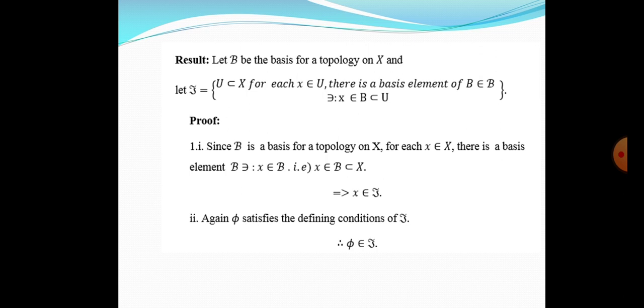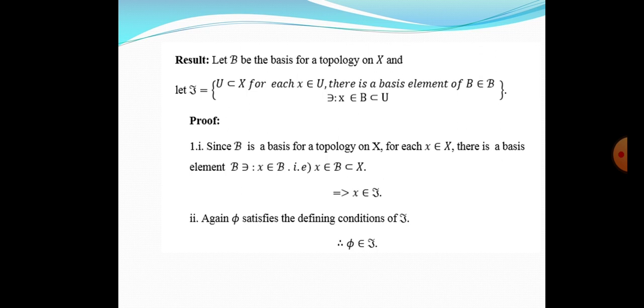So small x belongs to the basis, and this basis element is a subset of X, where X is the whole set. That implies X belongs to tau.